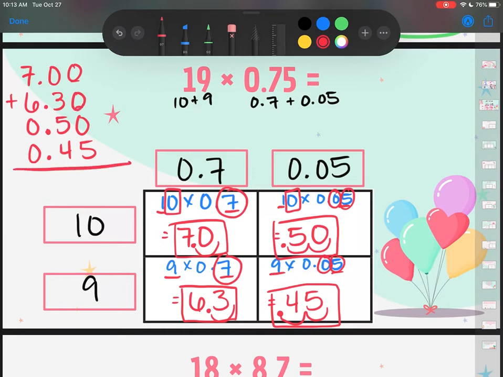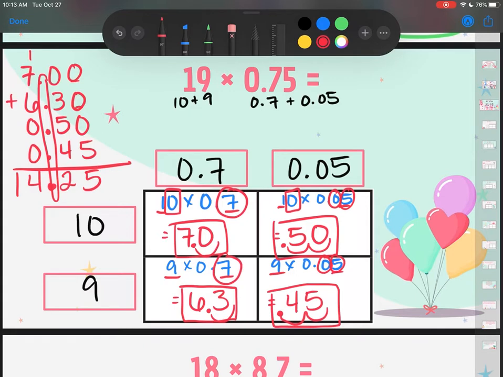Add placeholder zeros in my areas that don't have any. My decimals lined up, so I'm ready to add. So 0 plus 0 plus 0 plus 5 is 5. 0 plus 3 plus 5 is 8. Plus 4 is 12. Carry the 1. 1 plus 7 is 8. Plus 6 is 14. Plus zeros are still 14.